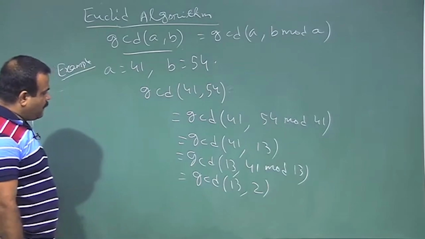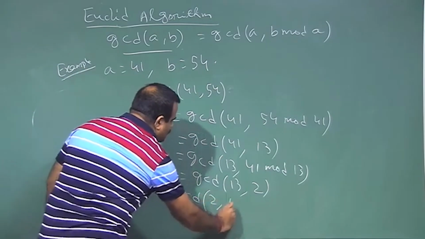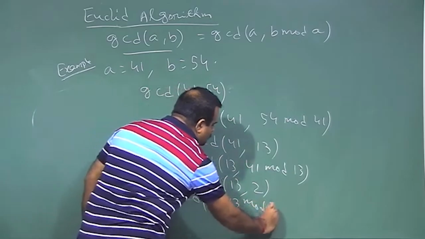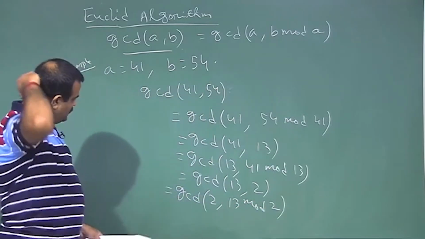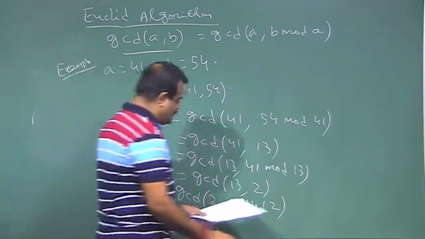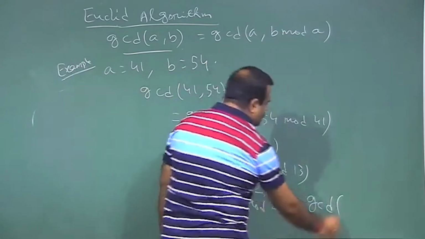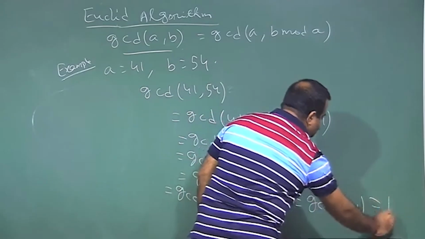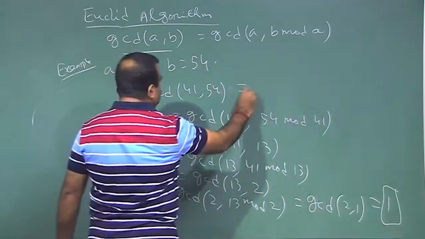Now again we write GCD of 2 comma 13 mod 2, which gives us 1. So GCD of 2 comma 1 is basically 1. So the GCD is 1.